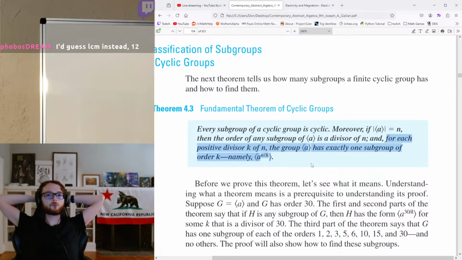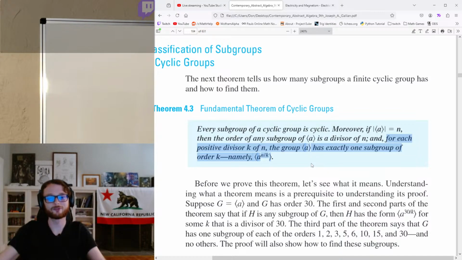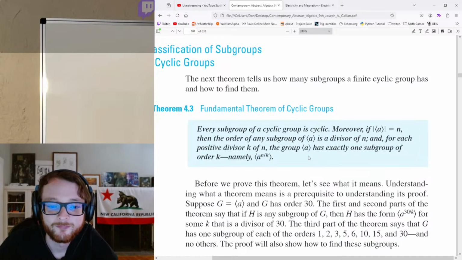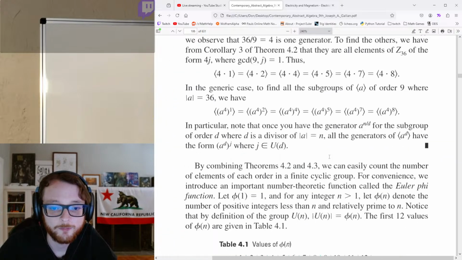Oh, else. Ooh. You're right. LCM. You're right. I was saying LCM before and I forgot. LCM makes way more sense. Because it could have 24, but it doesn't have to have 24.